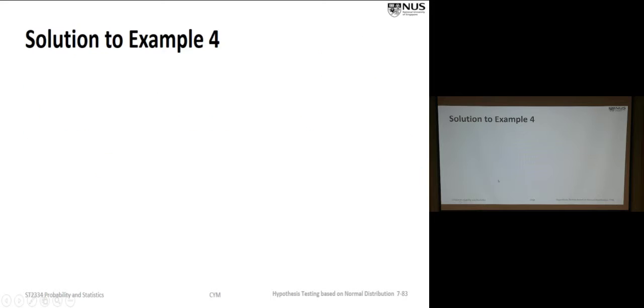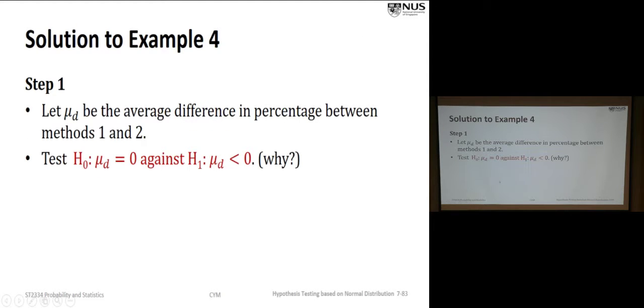So you can see here, my mu d is less than 0, because I use mu1 minus mu2. I use d as the first one minus the second one, so I'm looking at mu1 minus mu2. That's why it becomes negative.